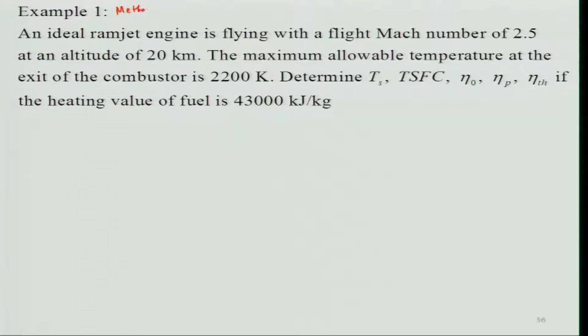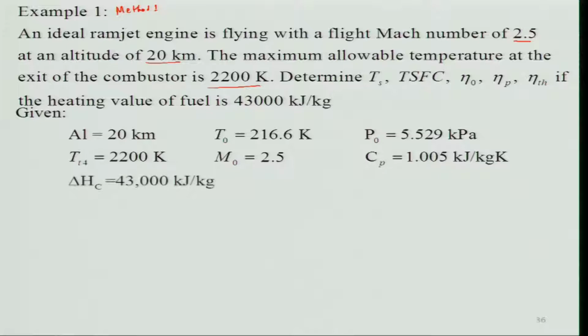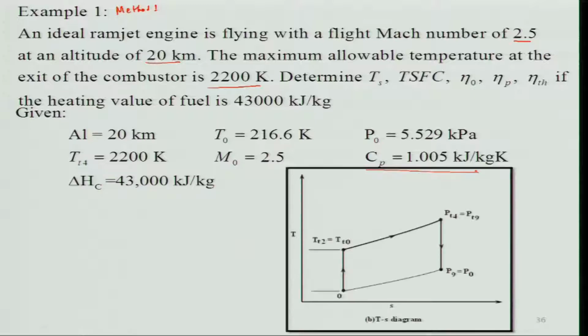An ideal Ramjet engine is flying at a flight Mach number of 2.5, at an altitude of 20 km, the maximum allowable temperature is 2200 Kelvin, and we have to determine the specific thrust, specific fuel consumption, and all the other efficiencies. The altitude and temperature T4 are given, and CP we assume to be 1.005 kilojoule per kg Kelvin.